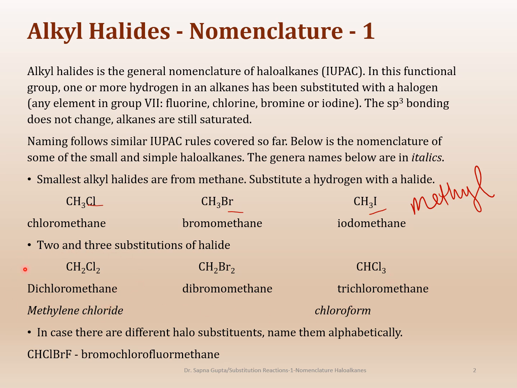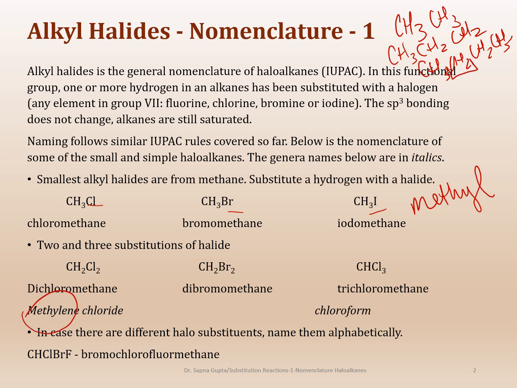Let me go back here for a second and explain methylene chloride to you, okay? Because methyl chloride you understand, right? Because I just explained to you here. The methyl was the CH3. Methylene is actually the CH2 group, okay? That's what it's called. So let me just remind you again, when we were learning about alkanes, so here is ethane, right? So when you go from ethane to propane, you add a CH2. When you go from propane to butane, you add another CH2. That CH2 is what is called methylene.